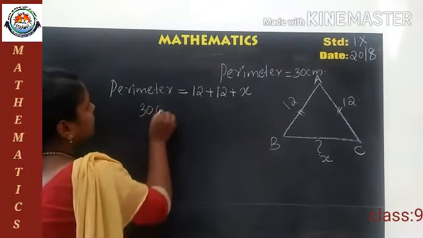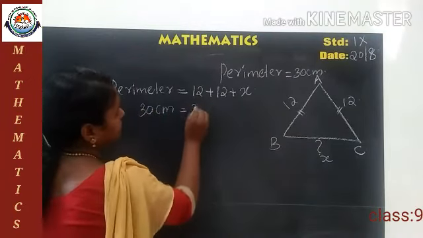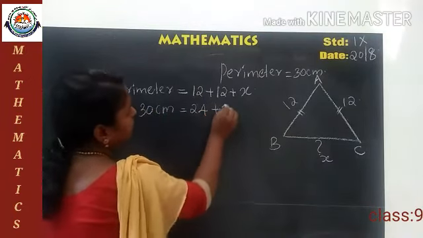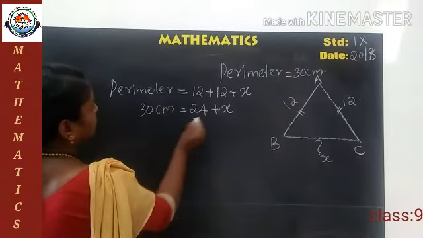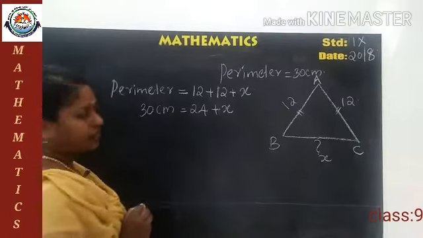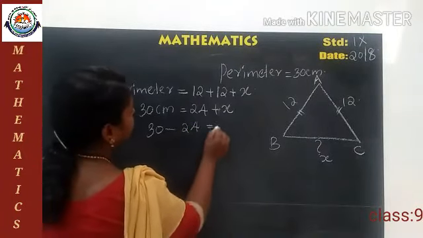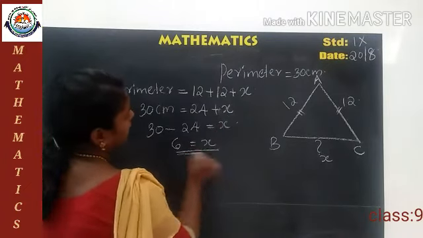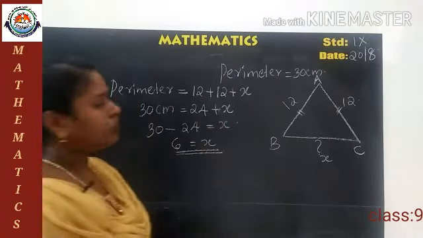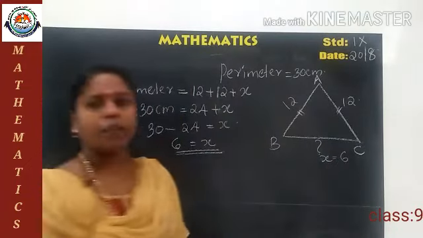Therefore, 30 centimeter is equal to 12 plus 12 plus x. That is 24 plus x. Then we need to get x. That is 30 minus 24 equal to x. X equal to 6. That means the third side is 6.